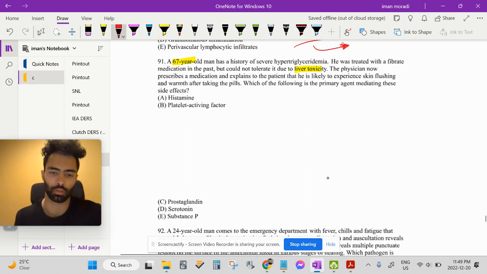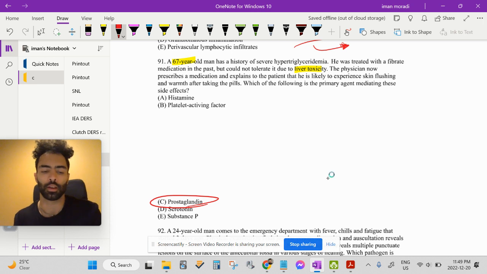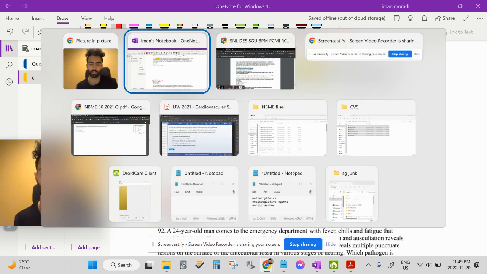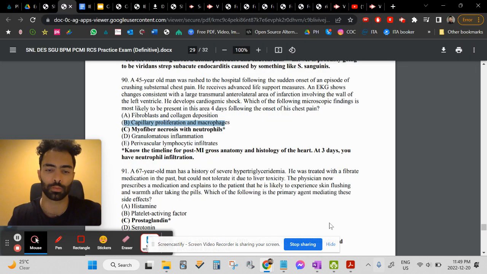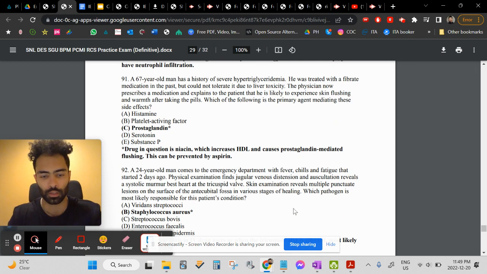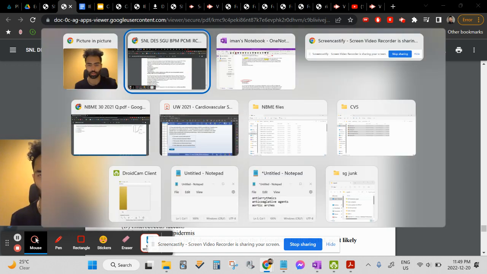It causes flushing through prostaglandins. That's why you give them an NSAID to block this action. So the antidote to this is NSAID, and it's caused by niacin. And niacin mainly increases HDL. It doesn't do much else.